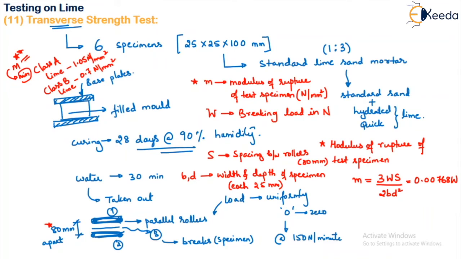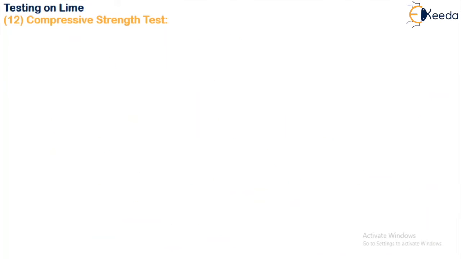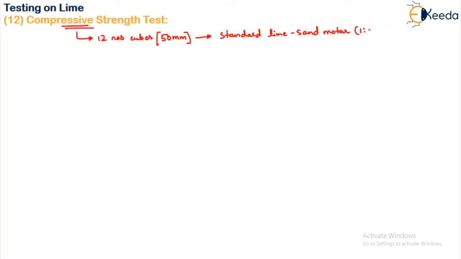Okay. The next test we have to study is the compressive strength test. Here we are going to take 12 cubes. The side of the cube will be around 50 mm, and again we have to prepare it using the standard lime sand mortar in the ratio of 1:3.